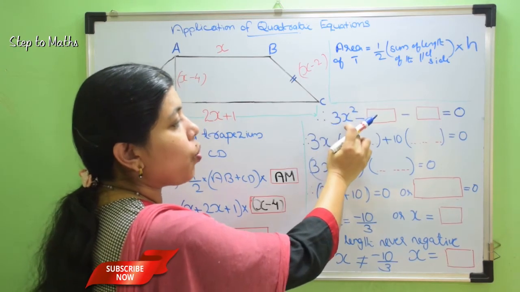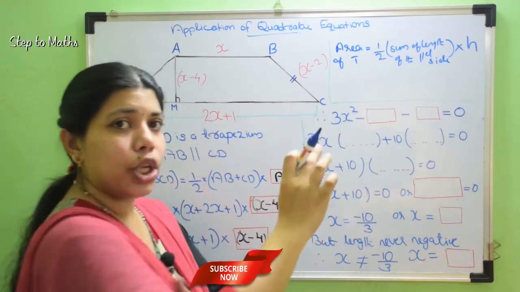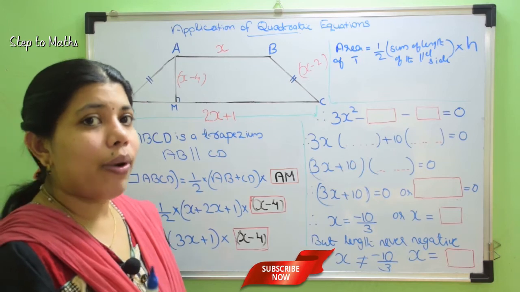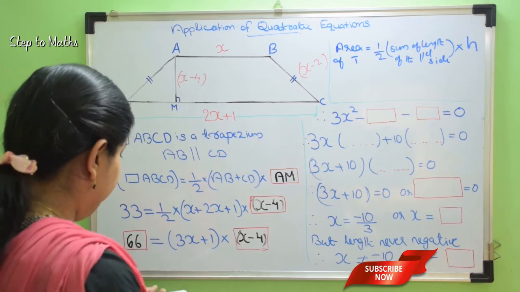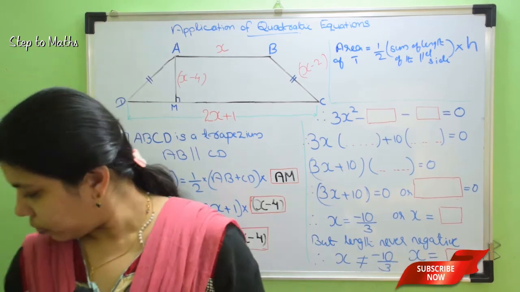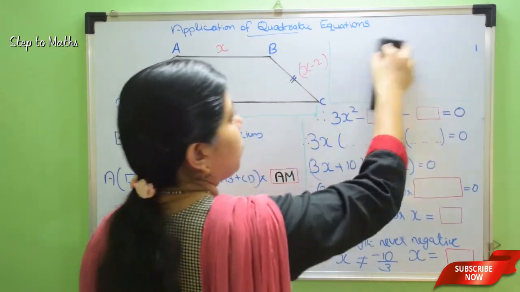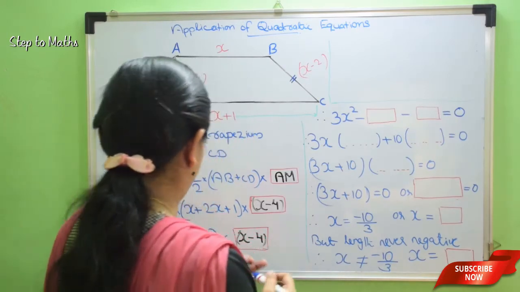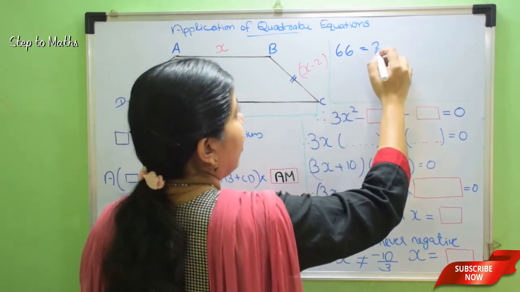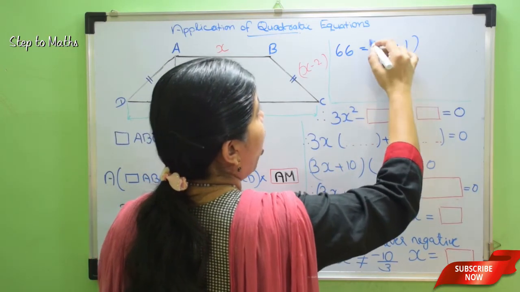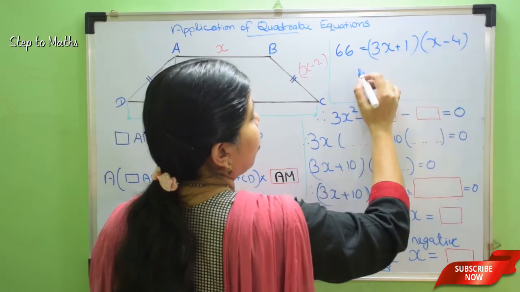Next step is 3x square minus 1 box minus 1 box equal to 0. That means we form a quadratic equation. For that, take this step. 66 equal to 3x plus 1 into x minus 4.